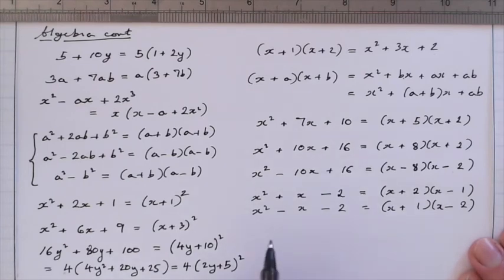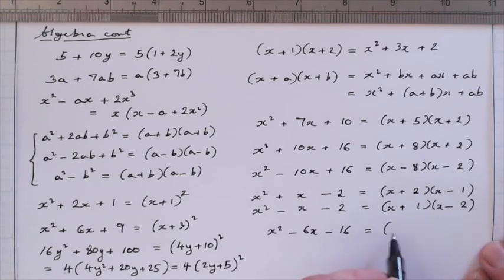So let's just do a couple more examples then. Let's imagine we had x squared, and again I'm just sort of doing this on the fly here. Let's say we had negative 6x and then negative 16. Okay, so because the final term is negative, we know we have x and x to get the x squared.